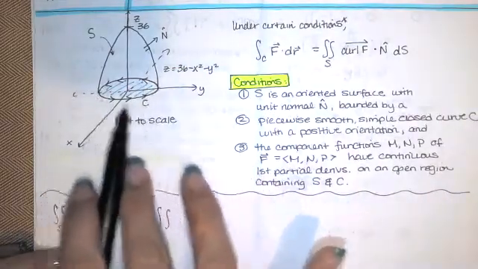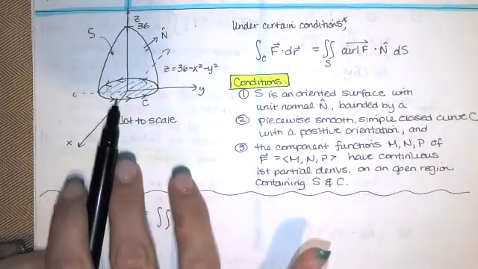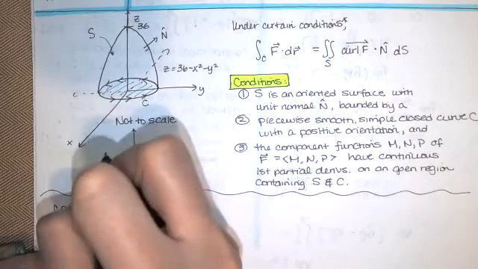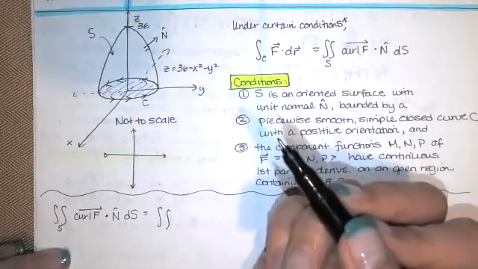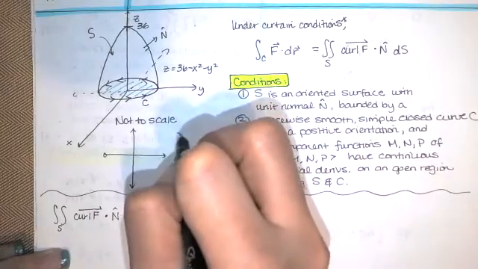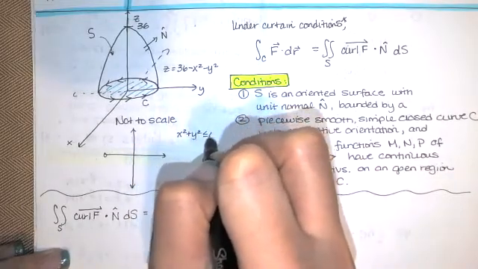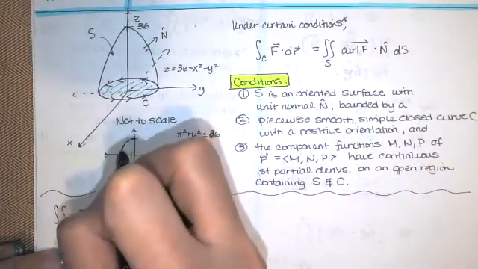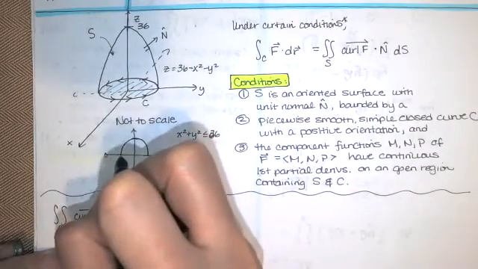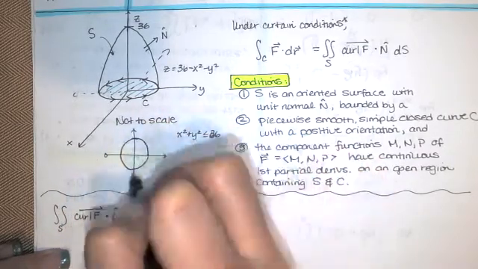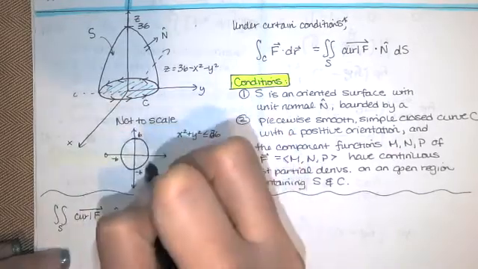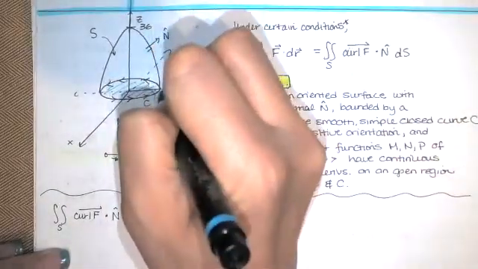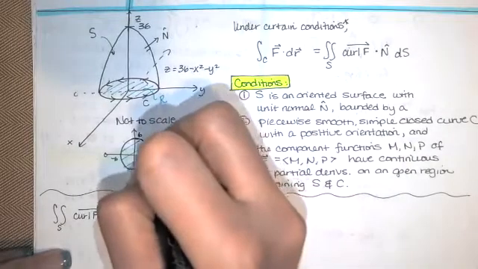So when z is equal to 0, we get that curve, that piecewise smooth, simple closed curve, boundary C. So in z equals 0 here, if I rearrange that equation, I get x squared plus y squared equals 36. So the region that we're interested in is a disk of radius 6, centered at the origin. We typically call that projection of the surface onto the XY plane the region R.